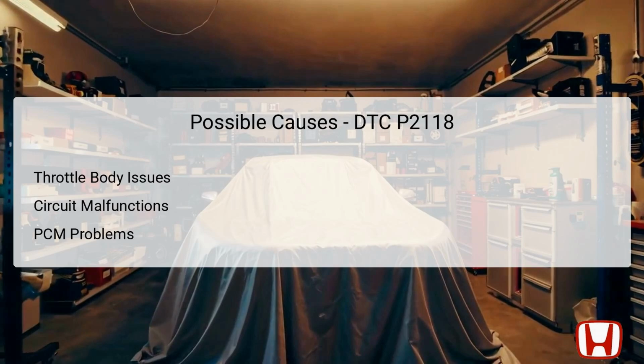Improper resistance or shorts in these circuits complicate the communication between the throttle actuator and the PCM. Lastly, if the throttle body and circuits are operating correctly, a fault within the PCM itself could lead to this error code being generated. Each potential cause must be meticulously inspected to ensure accurate diagnosis.